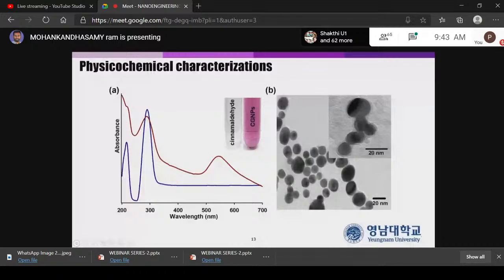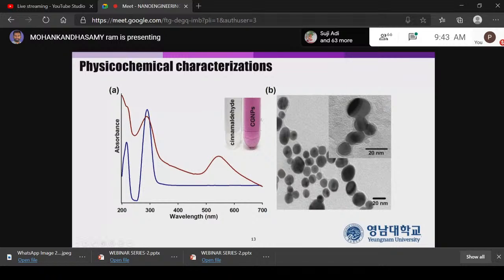Gold nanoparticles show different UV absorbance according to their shape. When the nanoparticles are spherical, they show a single peak at 530 nanometers. If the nanoparticles are rod-shaped, then you get two peaks, one here and one maybe around 700 nanometers. Anyhow, this UV-visible spectroscopy confirms the produced gold nanoparticles also contain cinnamaldehyde. In this way, we confirmed our first experiment and moved forward.